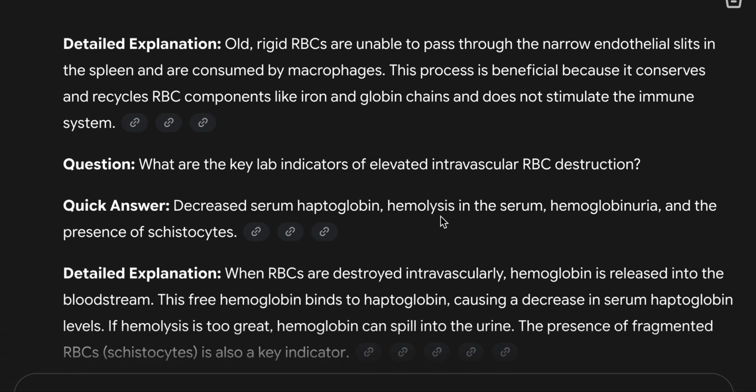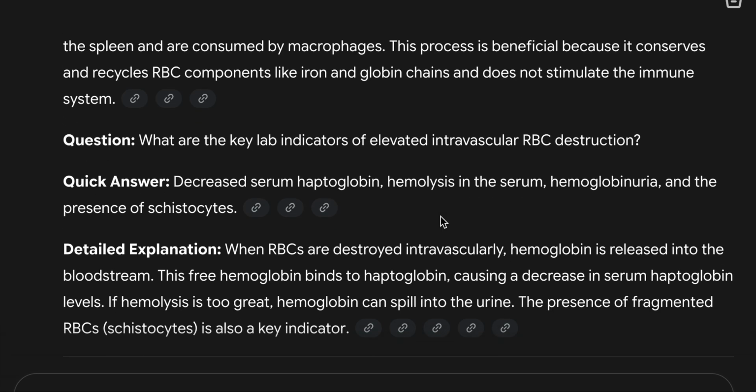What are key lab indicators for elevated intravascular red blood cell destruction? And remember, intravascular RBC destruction is never normal. I'm looking for 4 lab indicators.